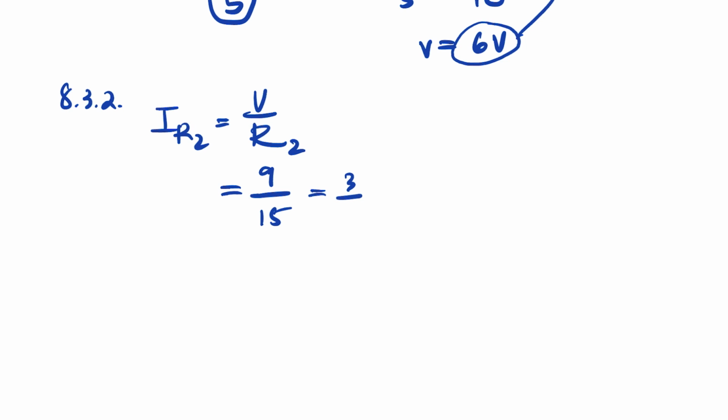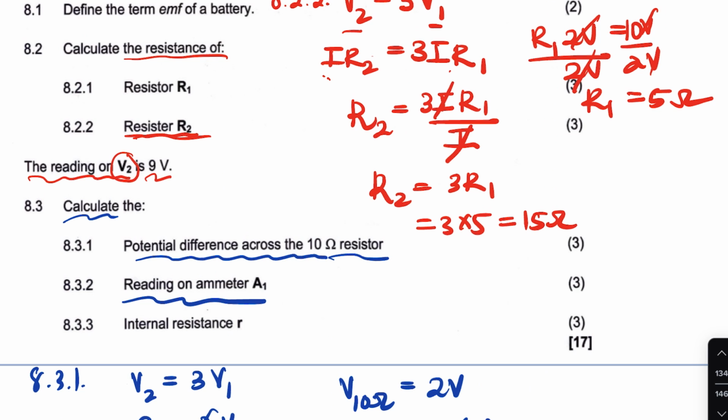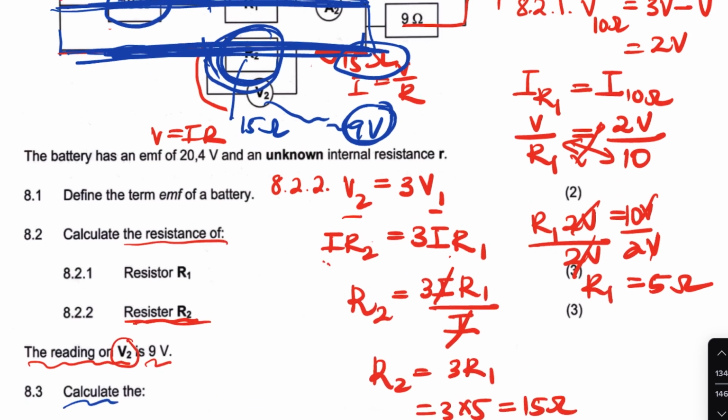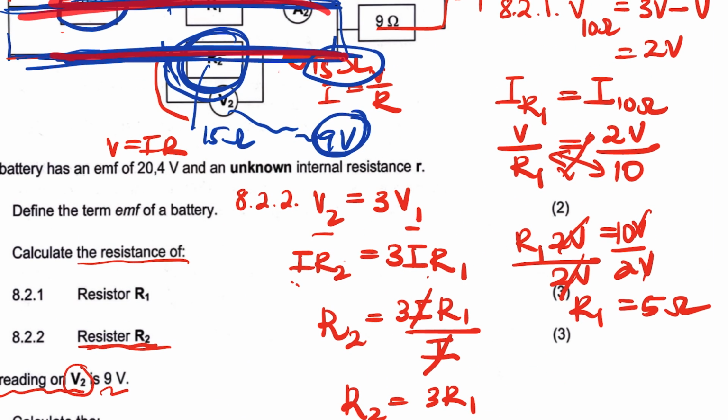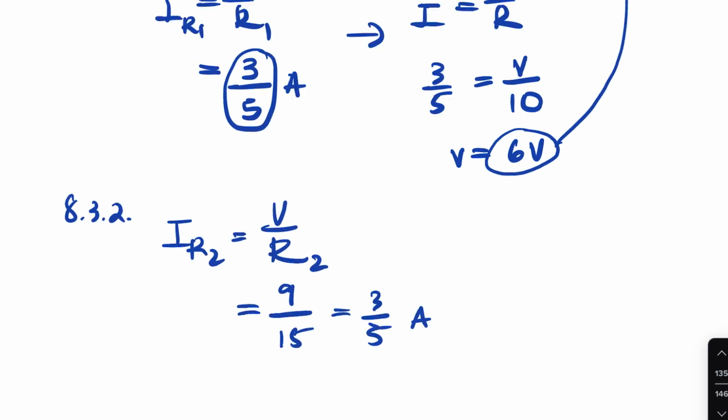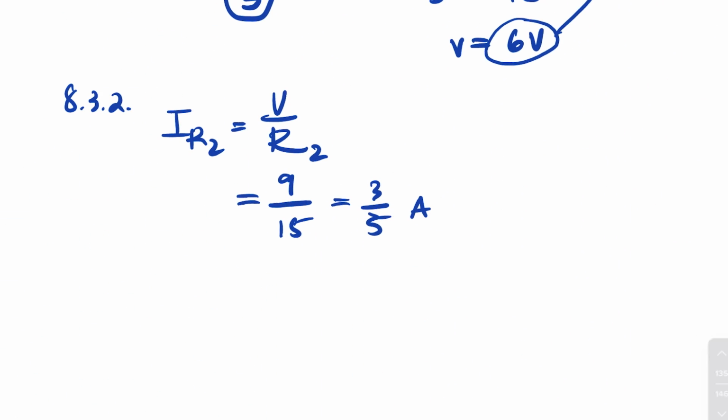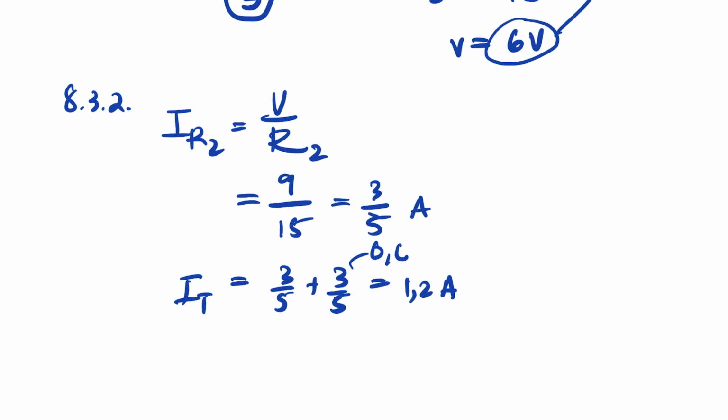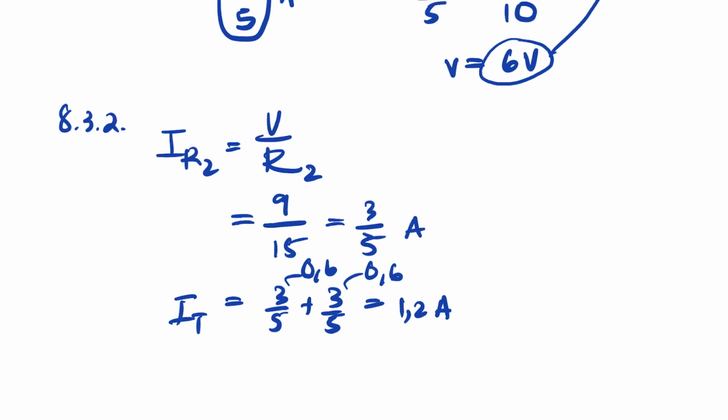So this is going to be 3/5, which is the same as the top. That means the current here and here are the same. So which is the total current there? It's going to be 3/5 plus 3/5, which is equal to 1.2 amperes. Alright, that means this is 0.6 and this is 0.6.